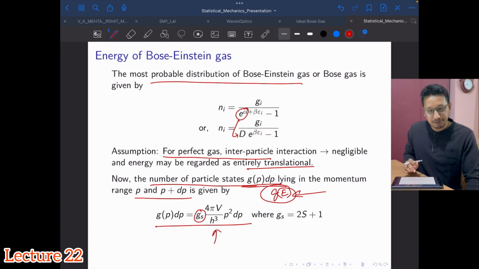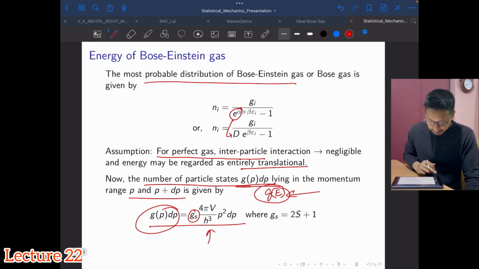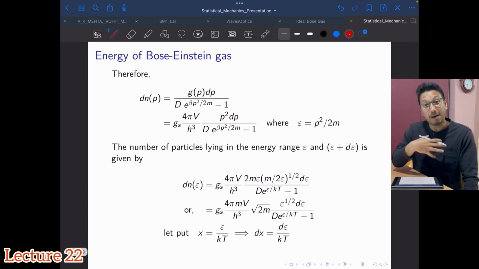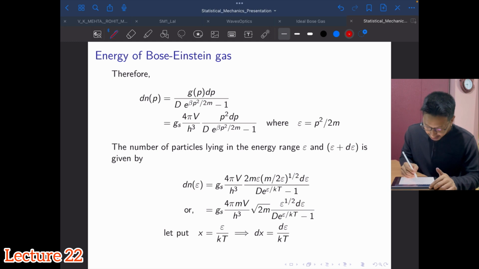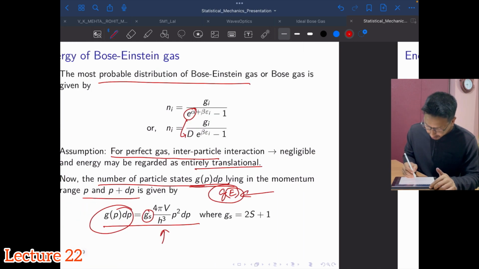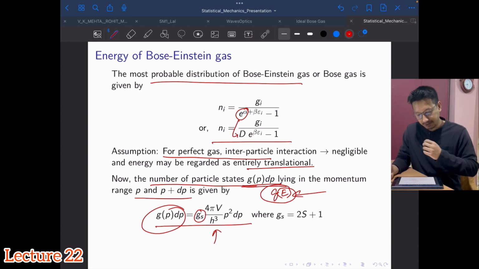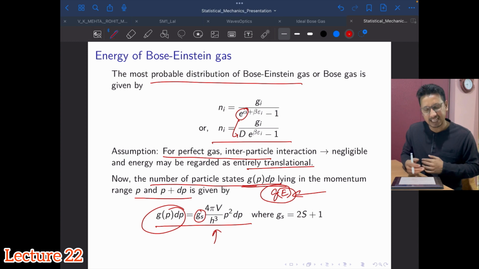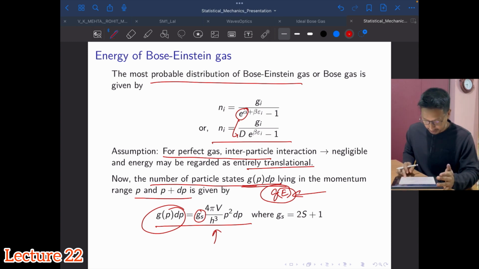So this gives you the number of particle states lying in the momentum range P and P plus dP. Therefore the number of particles lying in that momentum range is given by this expression, the same thing. Because these energy states, or in fact the momentum states, lie so close together, we can assume continuous values of momentum as well as energy.